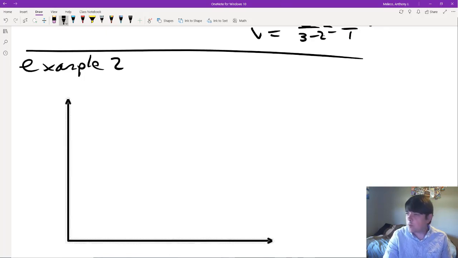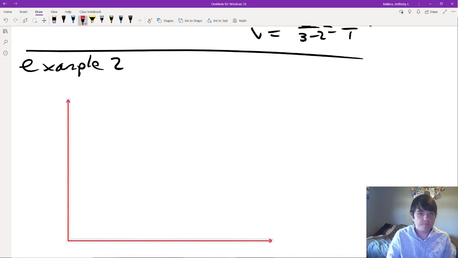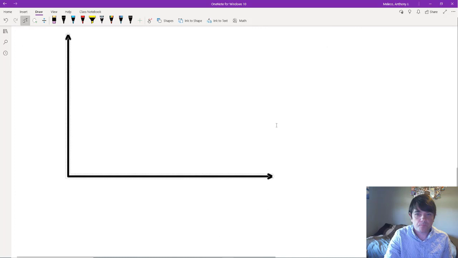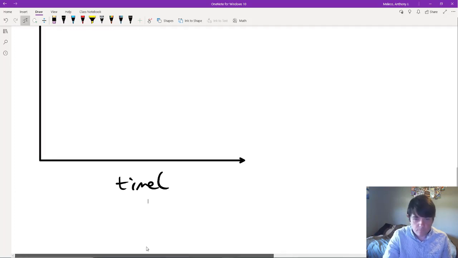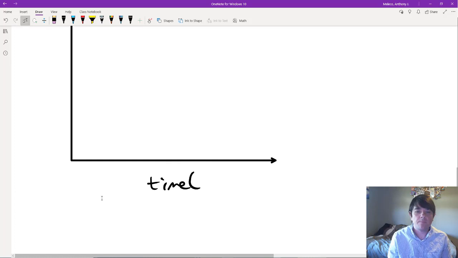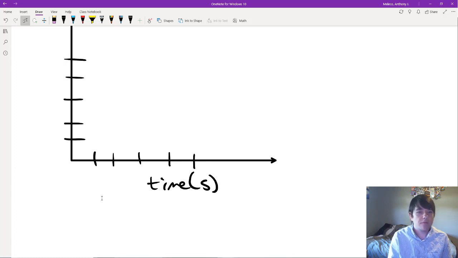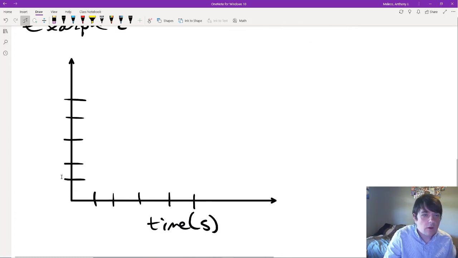Here's our plot. We have our position versus time graph, again 1, 2, 3, 4, 5.